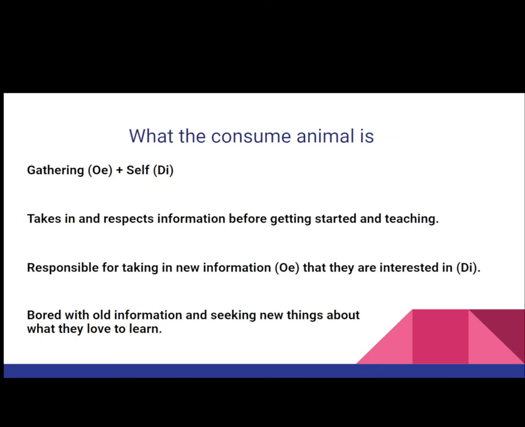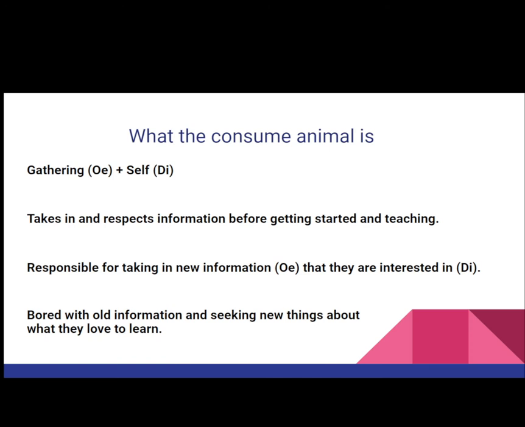The consume animal is combining the human needs of OE gathering and DI self. This animal takes in and respects information before getting started and teaching. They're responsible for taking in new information, which is the result of the OE gathering human need, that they are personally interested in, which is their DI.